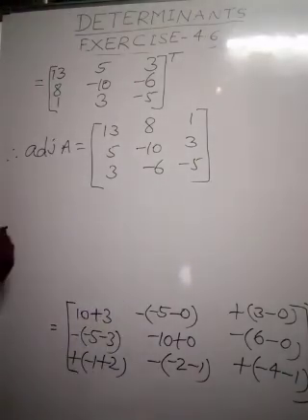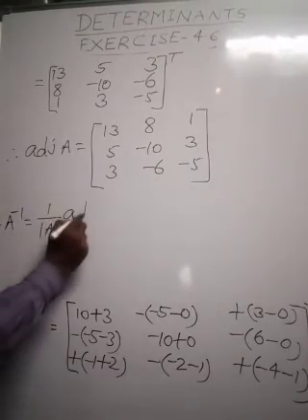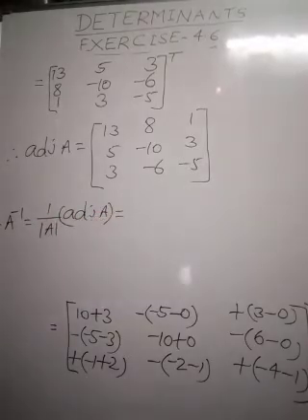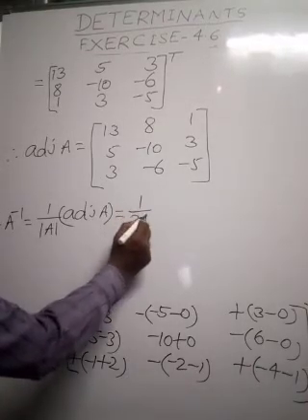Now we find A inverse. Therefore, A inverse is equal to 1 by det A into adjoint A. Okay, my children, what is the value of determinant of matrix A? 34.